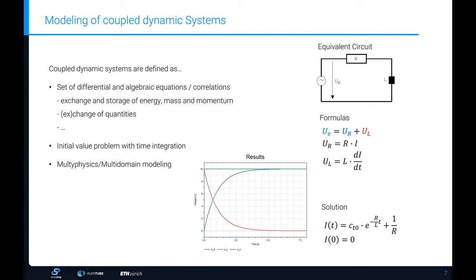This set of differential and algebraic equations is special because they always exchange energy, mass, and momentum. So these are the quantities which are conserved, and that's in every kind of physical domain.